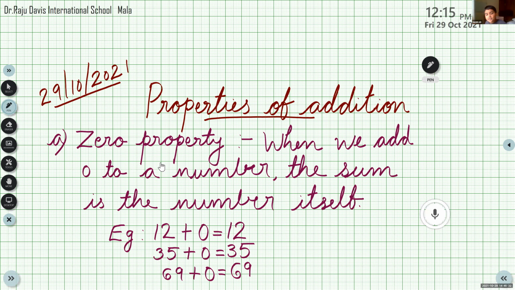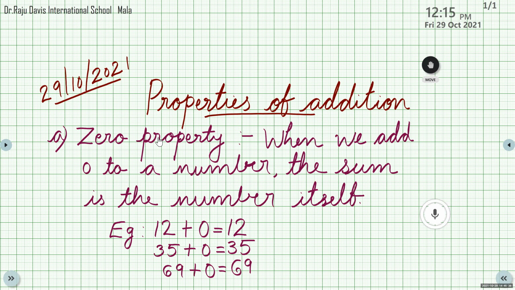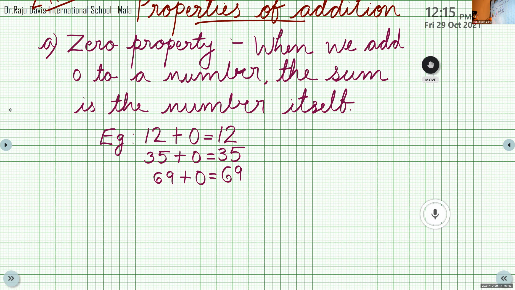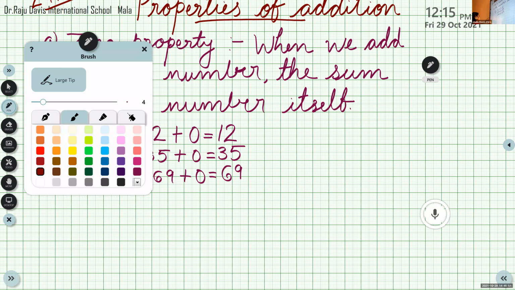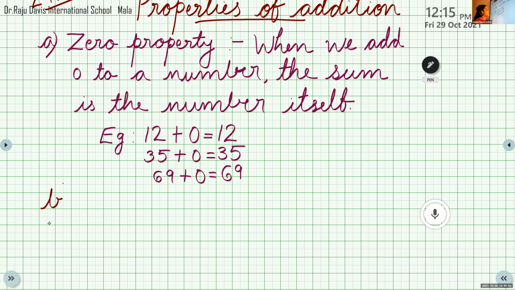Ma'am, we need to write this example. Yes, write this example. Okay, so next I'm going to write the second point. Next point is after numbers property.